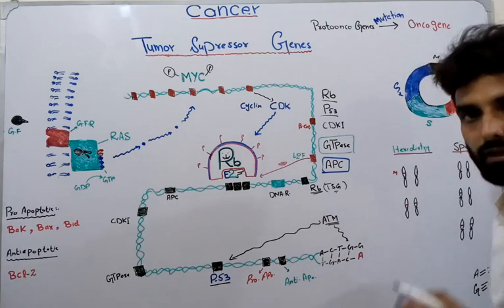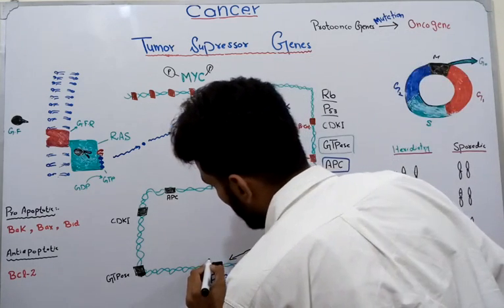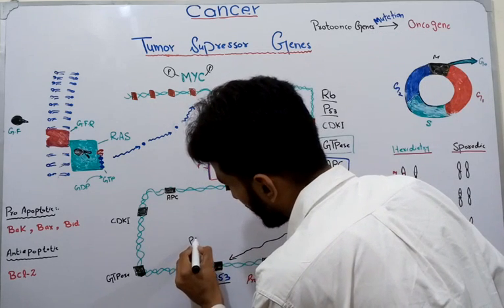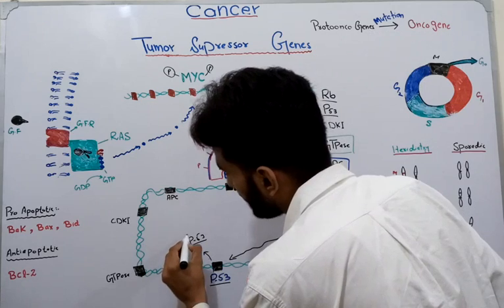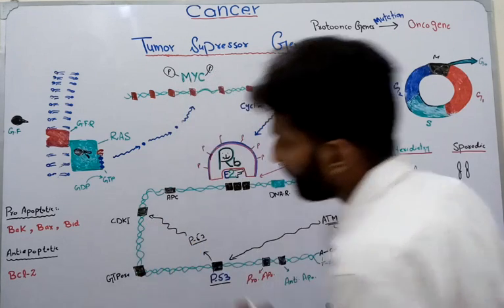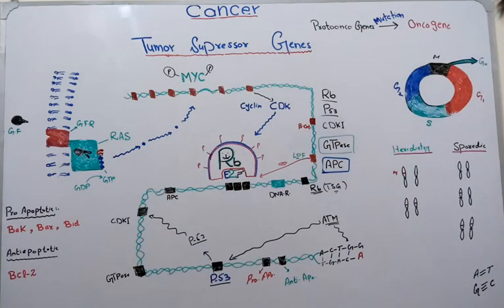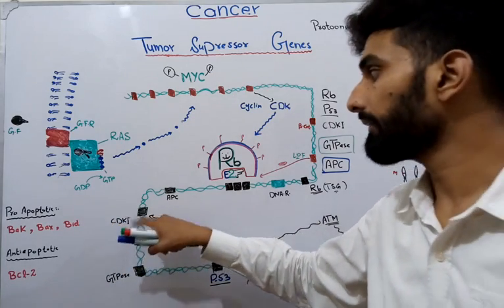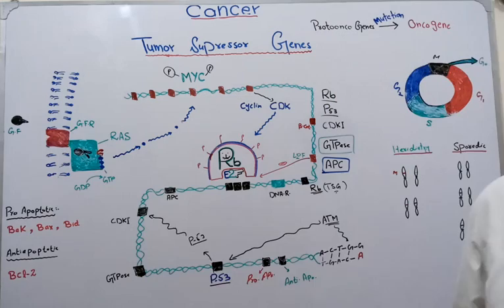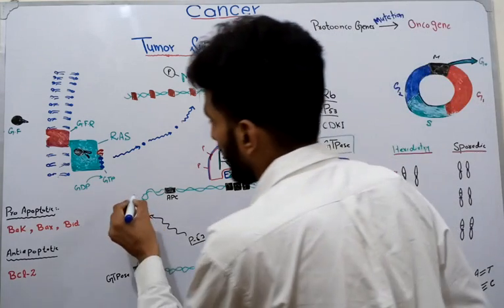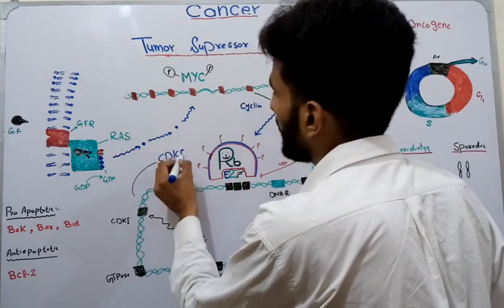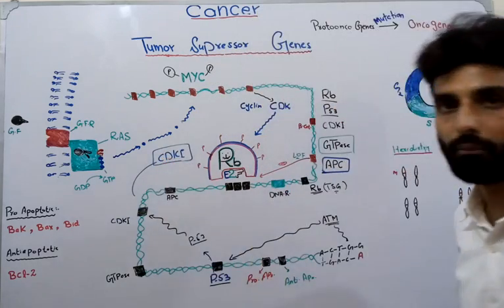Now what will happen? This P-53 gene will get transcribed and it will make P-53 protein, and this P-53 protein will activate cyclin dependent kinase inhibitor genes, and when this gene is activated, it will be expressed, CDKI will be formed. Cyclin dependent kinase inhibitor protein will be formed.